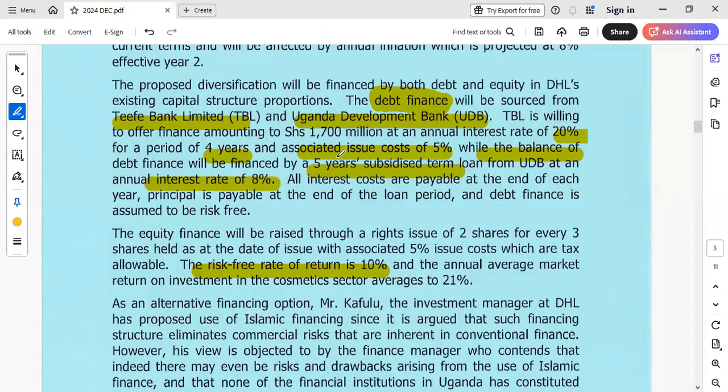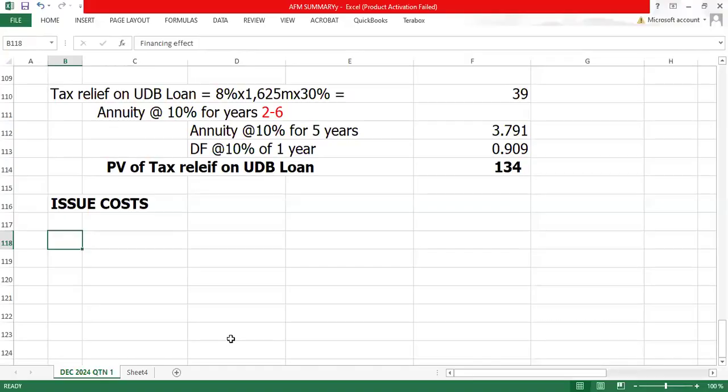Those are the issue costs we are talking about. As you determine the present value of issue cost, the best way is to gross up.